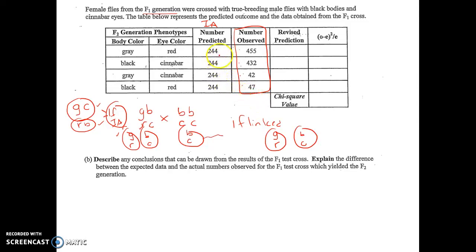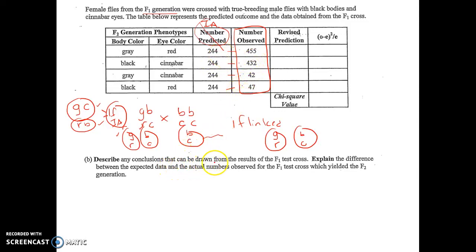But these are the observed values over here. I don't really need chi-square to tell me that these differences probably are not due to chance. They're probably due to this prediction being wrong. And this prediction is based on this hypothesis of independent assortment, so this most likely is not the case.